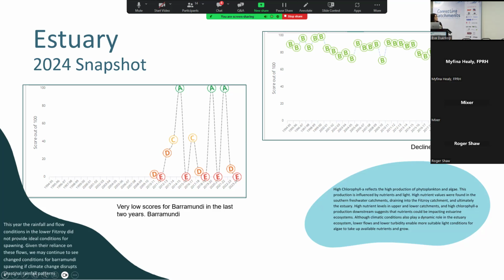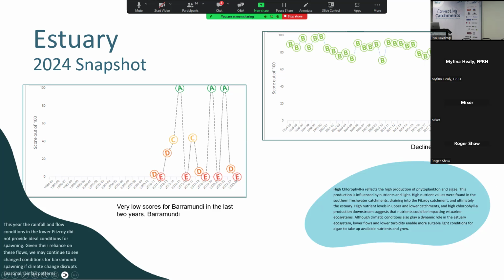And then for chlorophyll, which is really an indication of nutrients, it's actually for the first time, the estuary reflected a C grade, which is fair, but it has always been a B for a while. And usually, when there's very little flows coming from the catchment, normally your nutrients would be coming from the catchment, right?